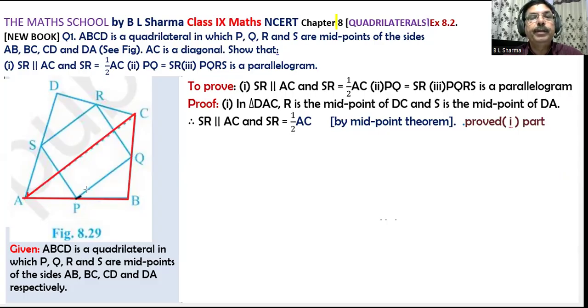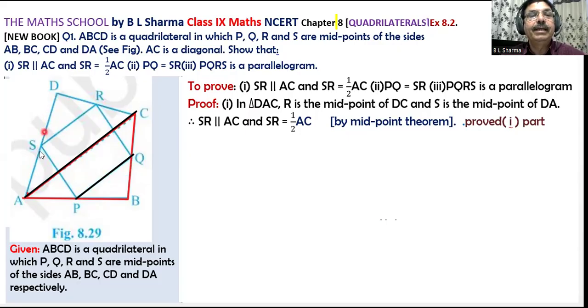P is midpoint of AB and Q is midpoint of BC. That is why by midpoint theorem, this PQ will be half of AC and PQ will be parallel to AC.